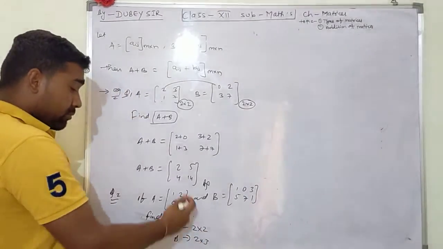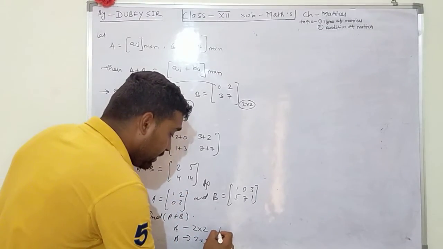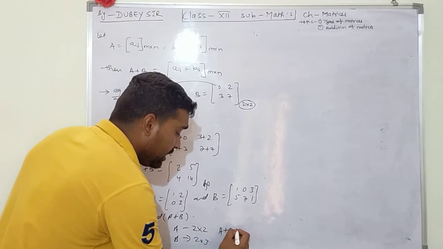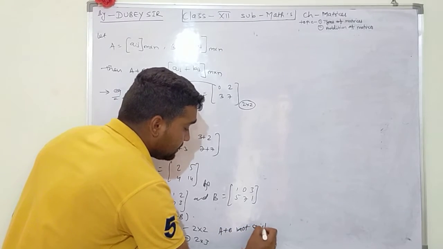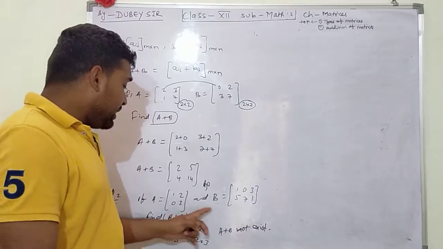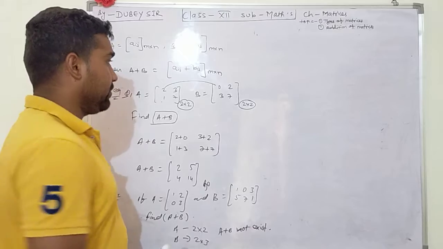A and B have different orders. Therefore A plus B does not exist. The sum of two matrices exists only when the matrices have the same order.